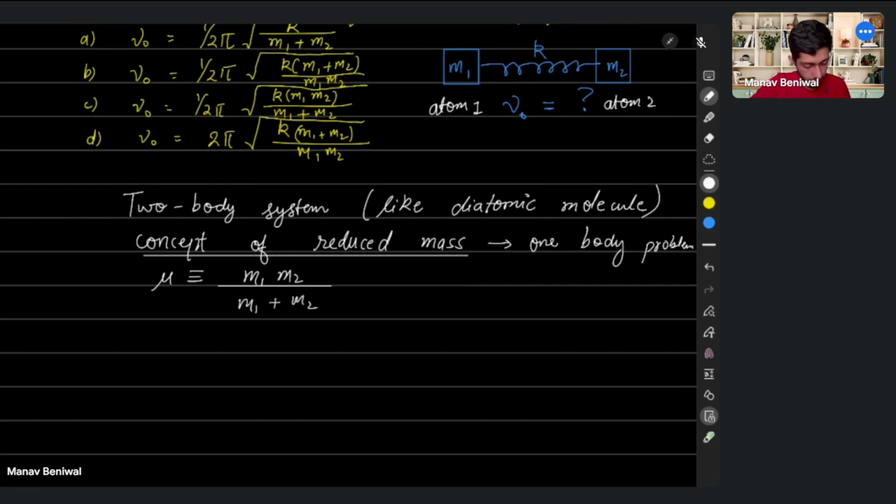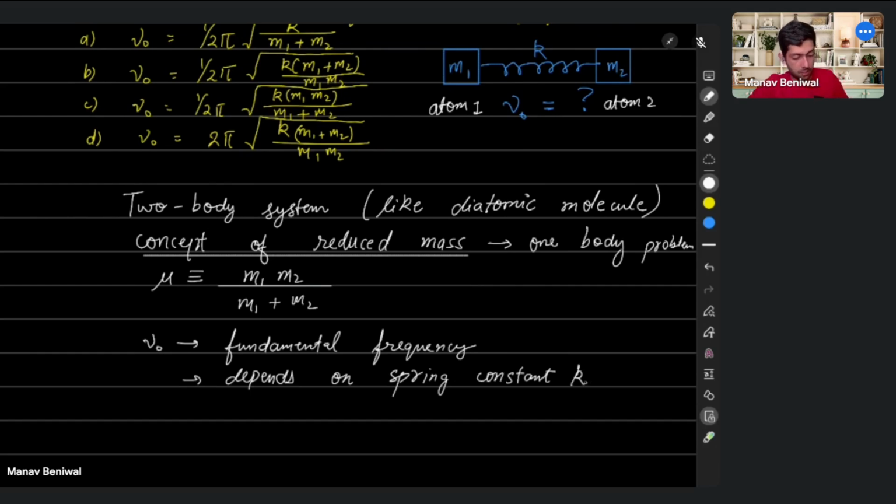Then the fundamental frequency nu naught depends on the spring constant k, which, for example if they are atoms, represents the stiffness of the bond between the atoms.